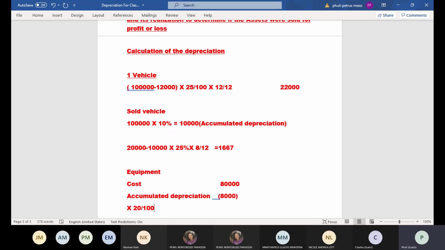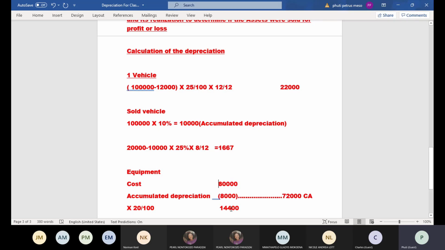So you'd say 72,000 multiplied by 0.20, which is 14,400 rand. 72,000 rand will be the difference, which amounts to your carrying amount, the difference between 80,000 and 8,000 rands.